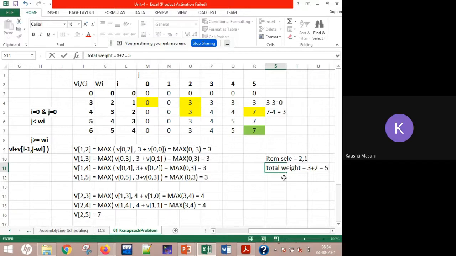And what is the total cost value? 3 plus 4. So that is 7. So it is verified here. In this intersection last cell value also we were getting 7 as the optimized cost. This is how we are going to select the items.